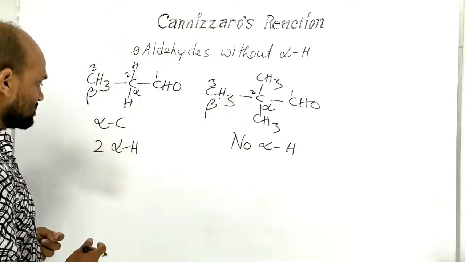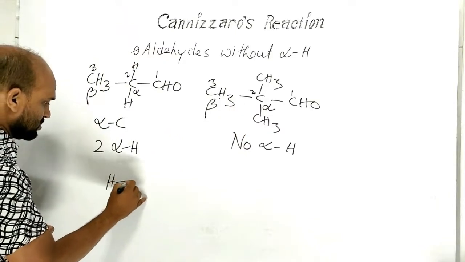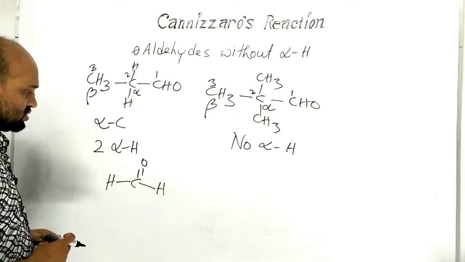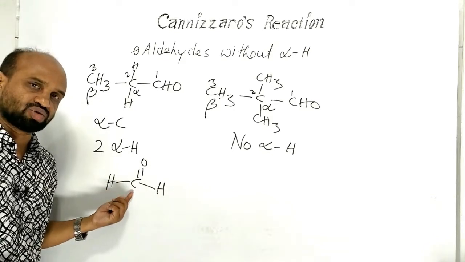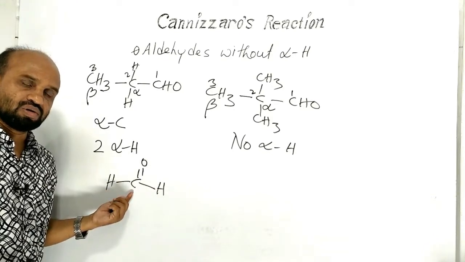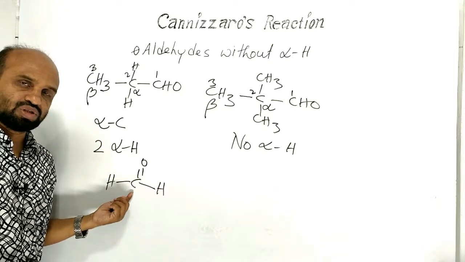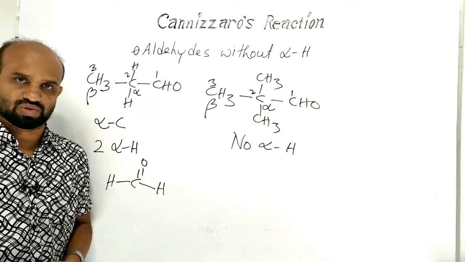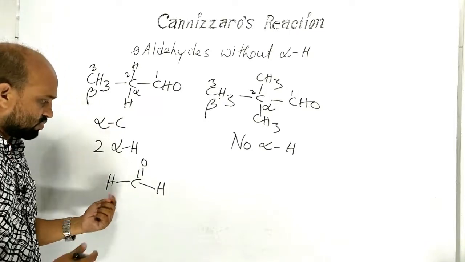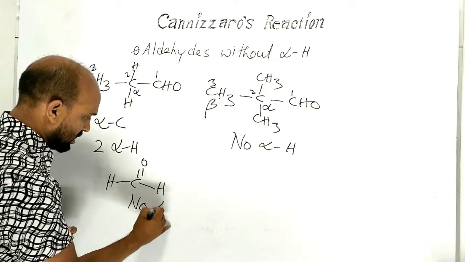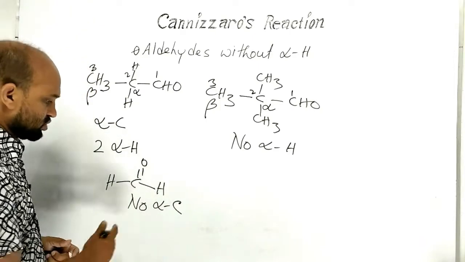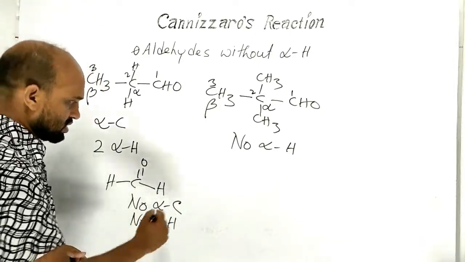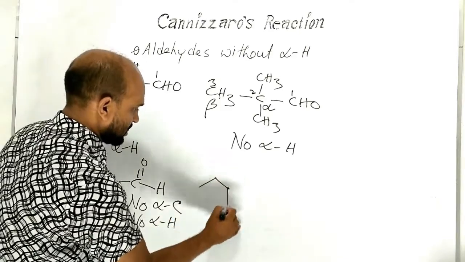Let's see another example, formaldehyde. In this compound, this is the functional group carbon, and with this carbon no other carbon atoms. So in this compound no alpha carbon, so no alpha hydrogen. Another compound, benzaldehyde.